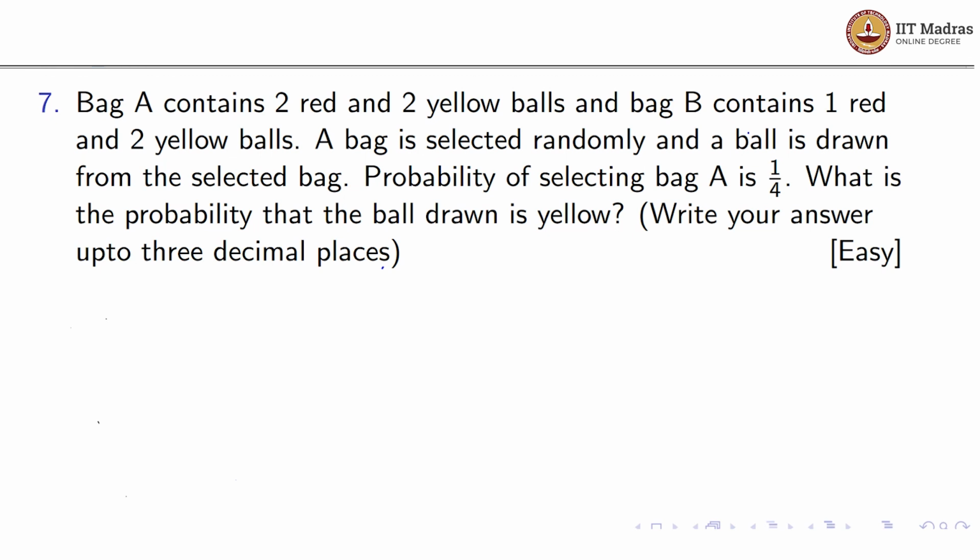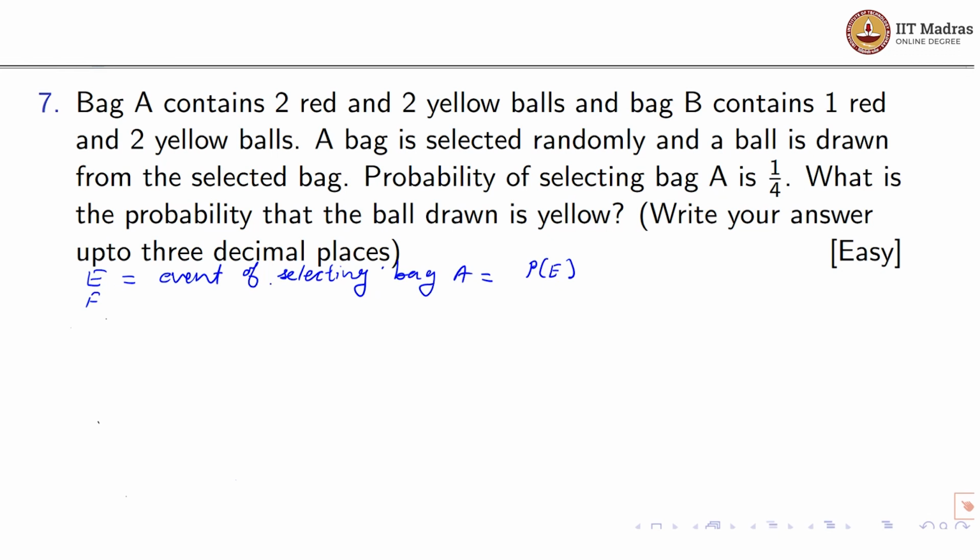Here, the probability of selecting bag A is given as 1 by 4. So let me define two events E and F. E I'm saying is the event of selecting bag A. So probability of E will be 1 by 4, since it is given that probability of selecting bag A is 1 by 4.